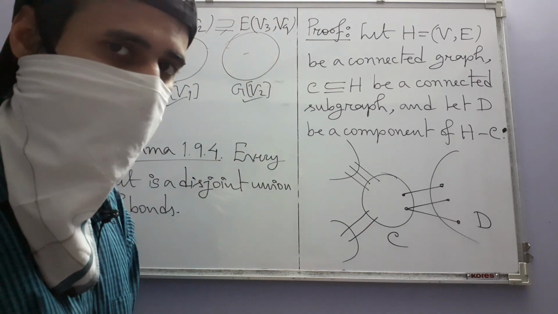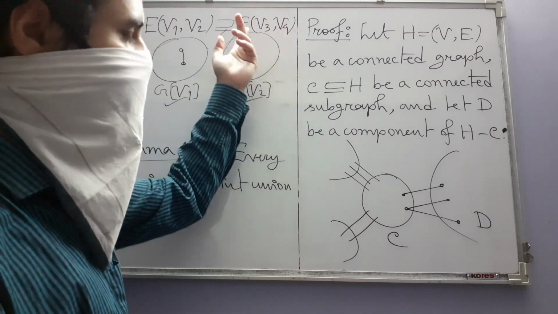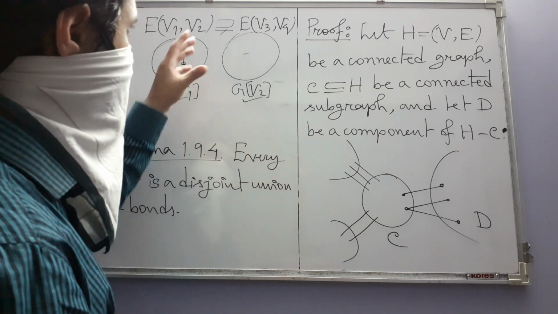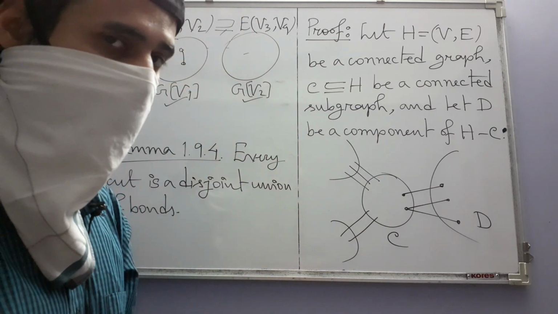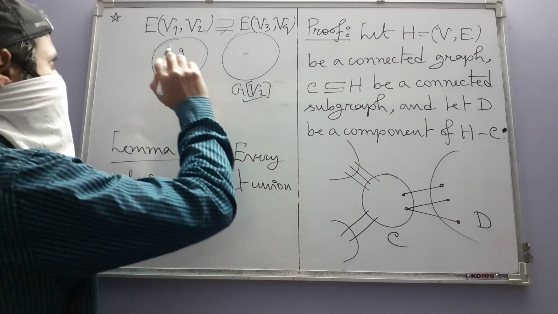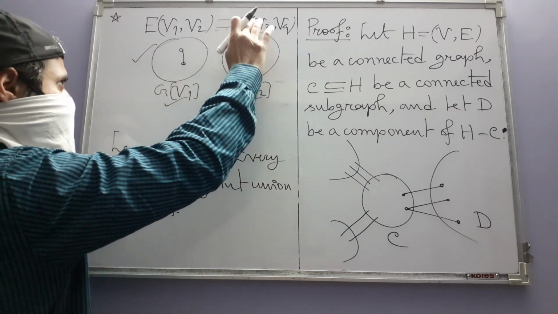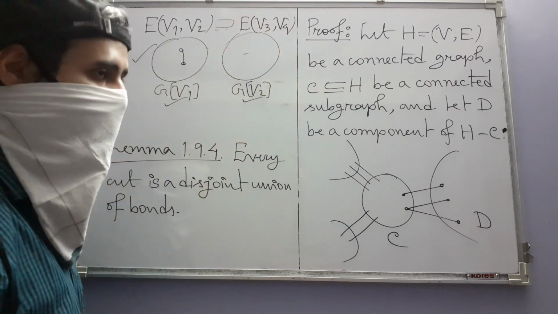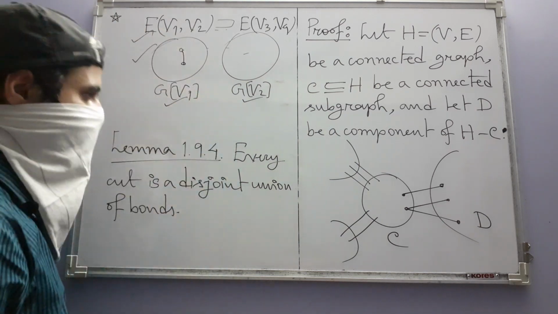But that's all we have. The other partition set, whether you want to call it V4 or V3, does not matter, becomes empty, but then it is not a partition. So that itself gives us a contradiction. So that cannot be done. So in this case also, this cannot happen. Such an E(V3, V4) cannot exist. So because of which it has to be minimal.